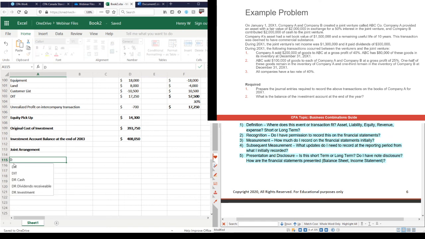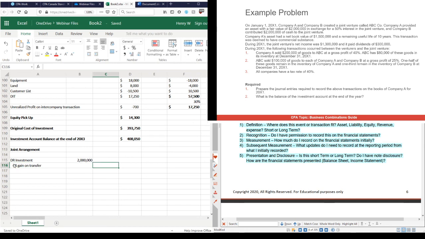We're going to have a debit in investment of $2 million. Credit gain on transfer, 500,000 times 50%.